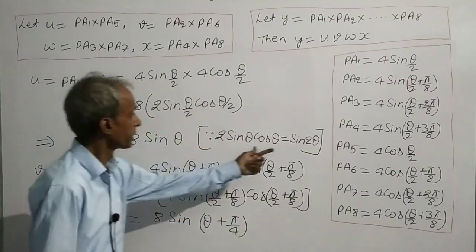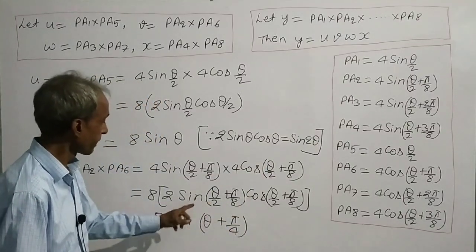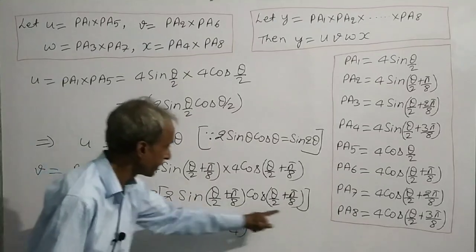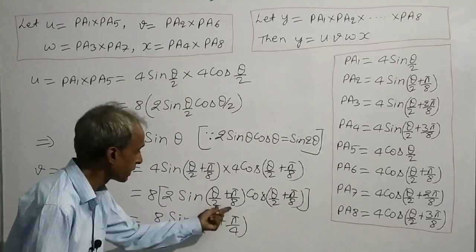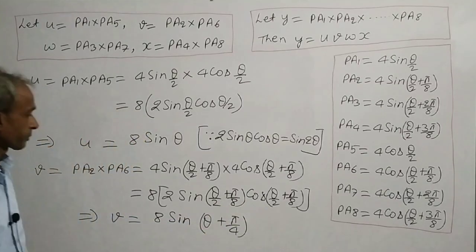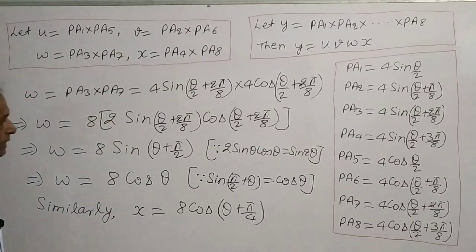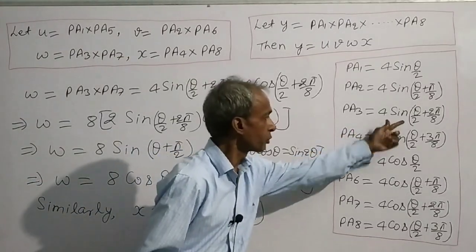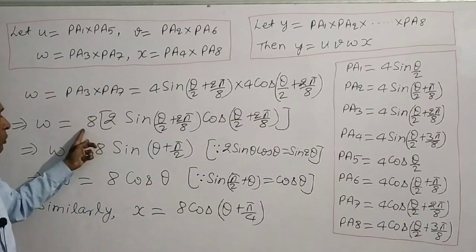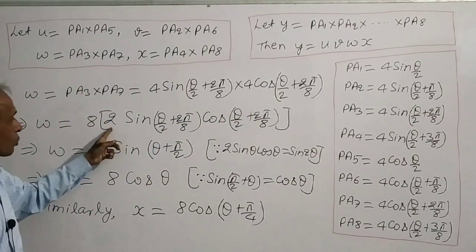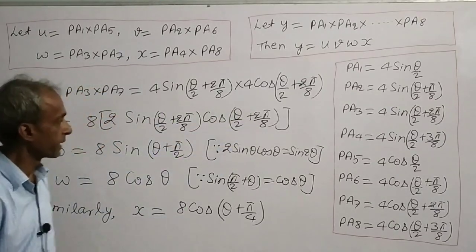When we use this formula here, then we can write this expression inside the bracket as sin 2 times this angle. W is equal to PA3 times PA7, that is equal to this times this, that is equal to 8, 2 sin theta by 2, 2 pi by 8, cos theta by 2, 2 pi by 8.